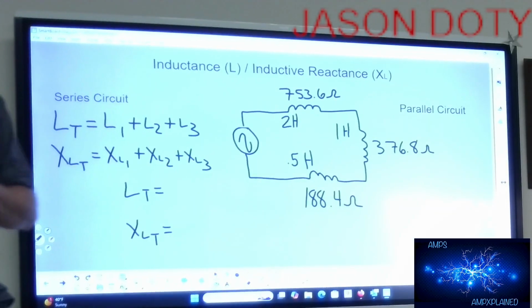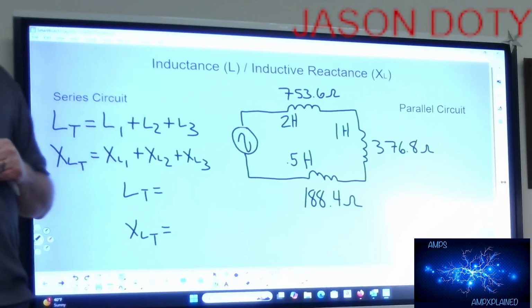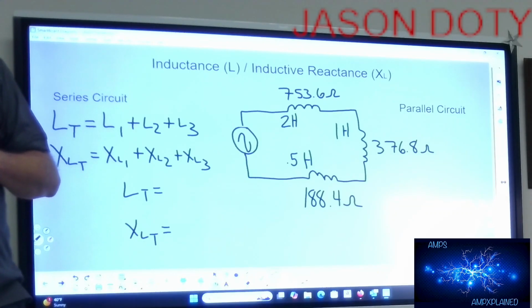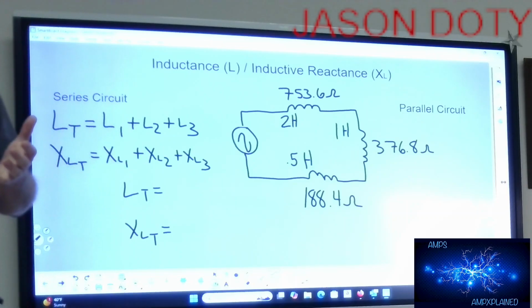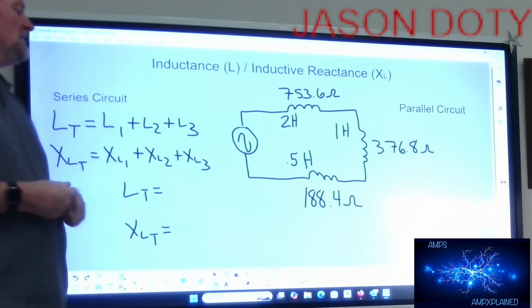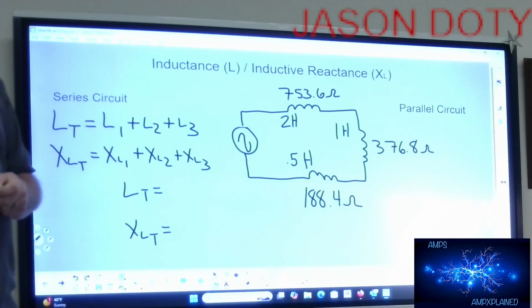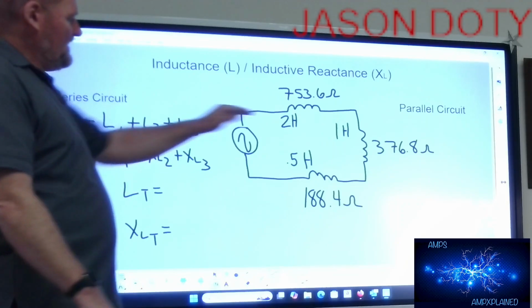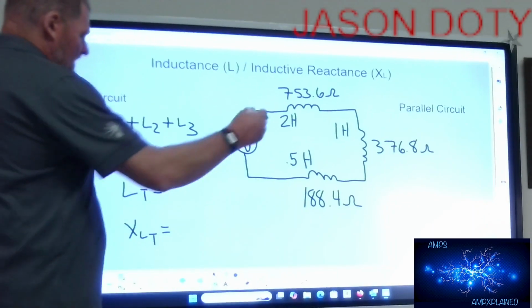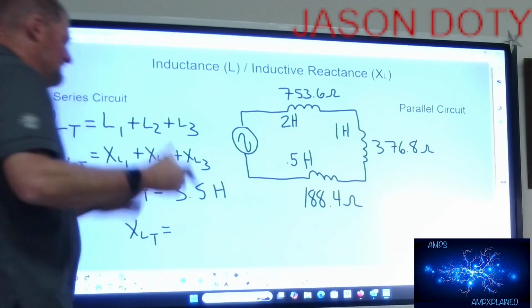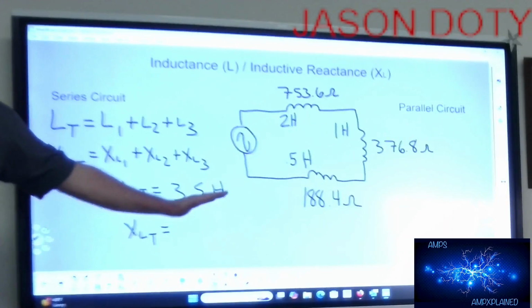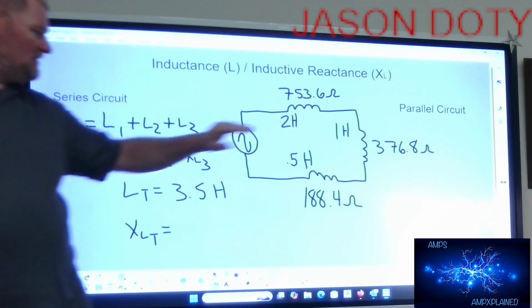Well, the funny bit is inductors are actually pretty small when we measure them in Henries. A lot of the time we're going to be dealing with millihenries, not even full Henries. So having a half a Henry is still pretty large. If we add all those up, we will get 3.5 Henries. And that is the total inductance for this circuit.